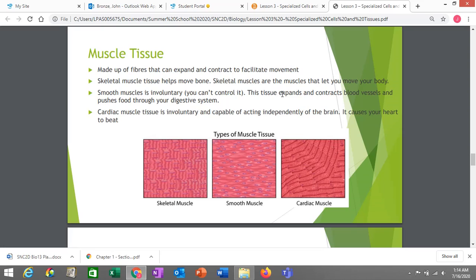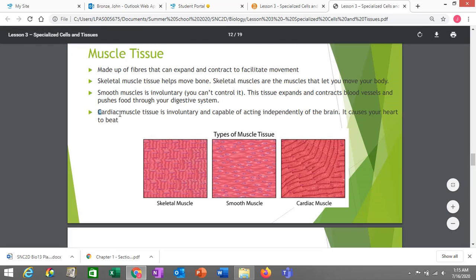The blood vessels will contract to try to keep the blood near the core of your body to keep it warm, because if it moves out towards the extremities, it's easier for heat to be lost there. Or if you're hot and sweating, you might notice the expansion of some of your blood vessels because they're trying to release heat. So this contracting and expansion of your blood vessels is controlled by smooth muscle that surrounds them.